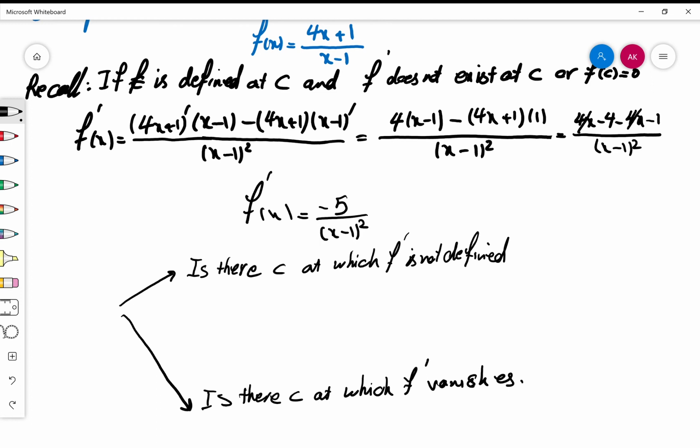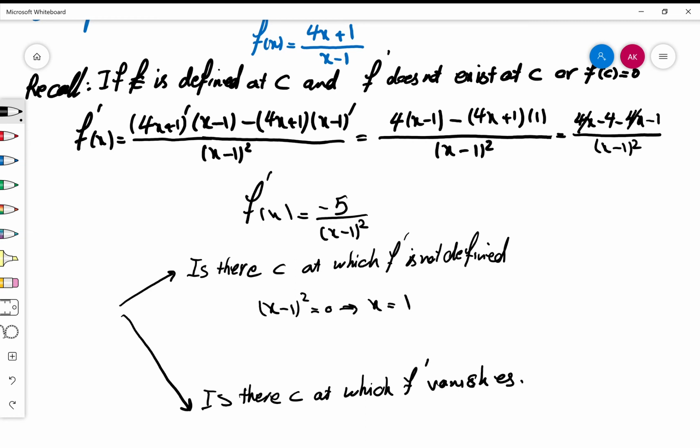Okay, so let's see here. I have in the denominator (x minus 1) squared, and it can be 0 when x is 1. So at x equal to 1, f prime is not defined.